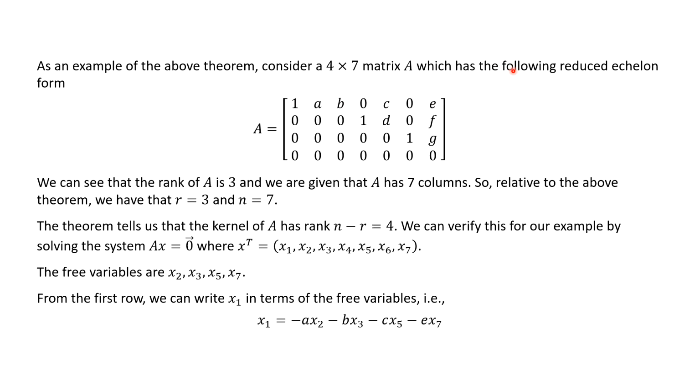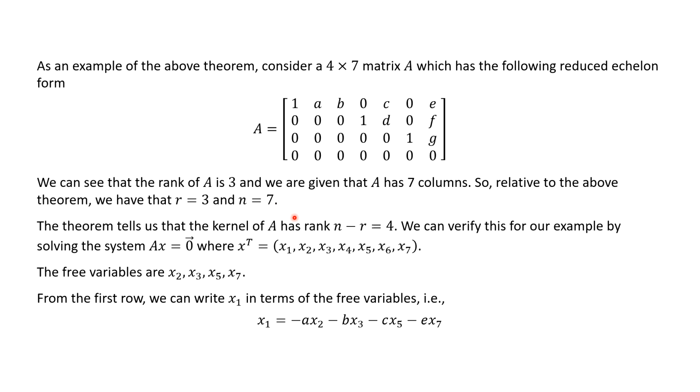And so this is a reduced echelon form. And we can see right off that the rank of A is 3. There are 3 non-zero rows. And we were given that A has 7 columns. We can count them pretty easily here. And so we have R equals 3 and n equals 7. Those are the input numbers to our theorem.